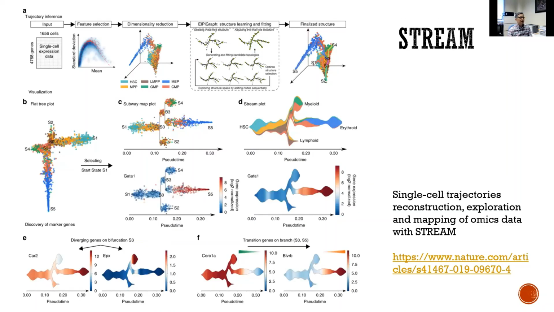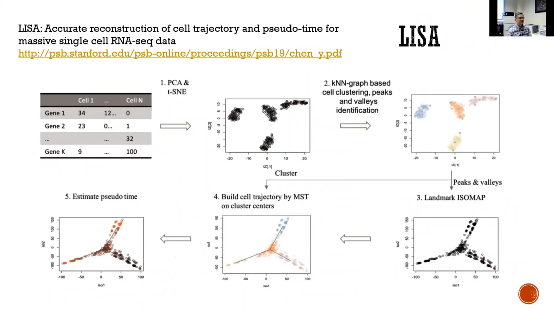This is another trajectory analysis package, recently published, and that's the outline of their pipeline. Lisa is less commonly used, and they rely on a KNN graph.